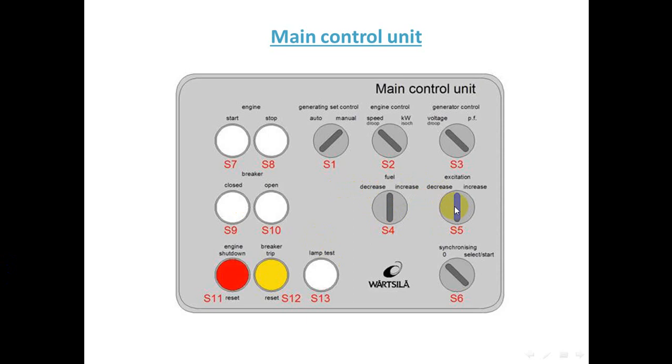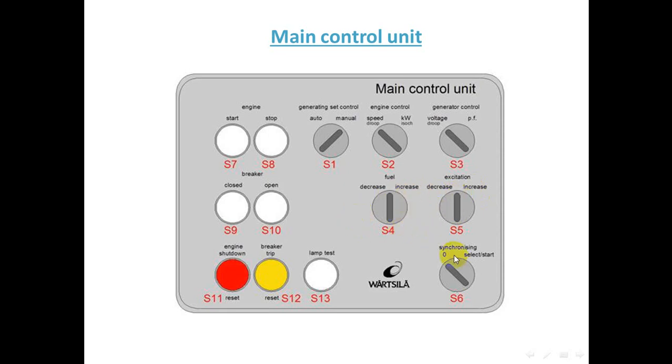S5. S5 is the generator excitation decrease or increase. If you want to increase the excitation of the generator during starting, you must increase the excitation for starting the generator or the power plant. You select decrease or increase as you like.